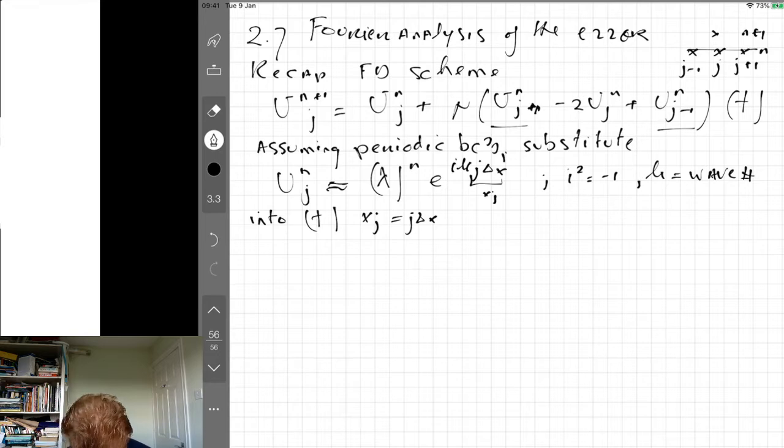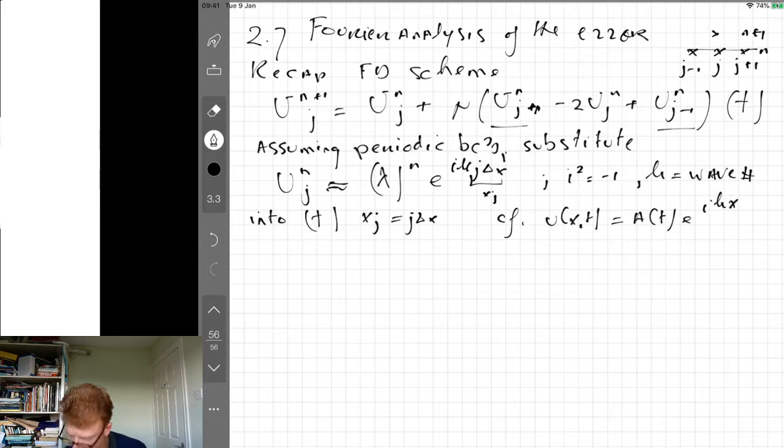Recall that for the real u of x and t, we could for example substitute a of t times e to the power ikx, and if we substitute x is xj, then we get this exponential here, and the amplitude a of t is replaced by lambda to the power n. So this is what you would do in the partial differential equation if you look at waves or other matters, and this is what you do, substitute.